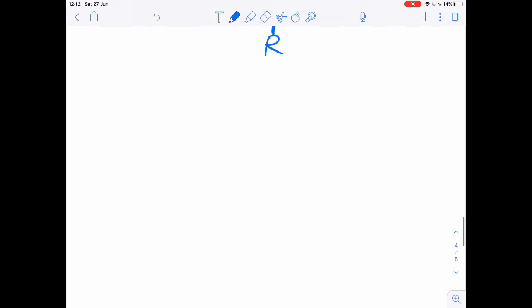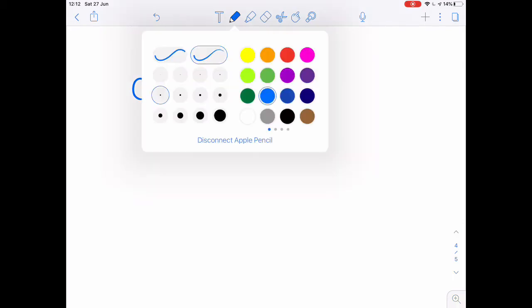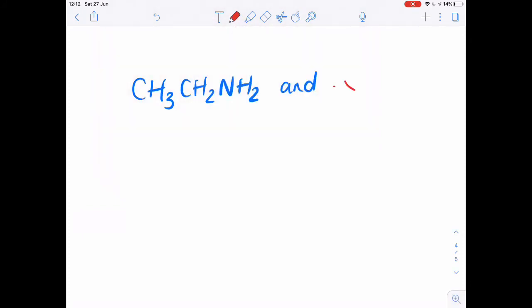Let's have a go at an example. So if I said, back to the beginning, we had a nice little amine, ethylamine, and excess chloromethane. So this time, because it's excess halogenoalkane, what we're going to do is have 4 sticks and a plus.